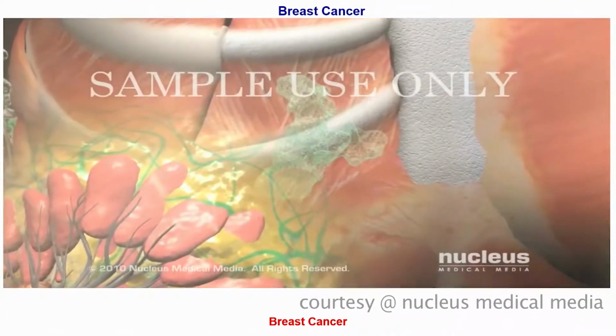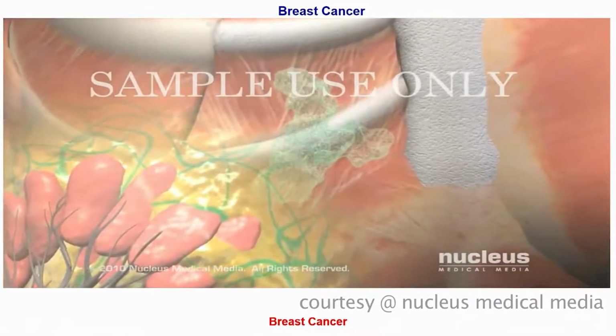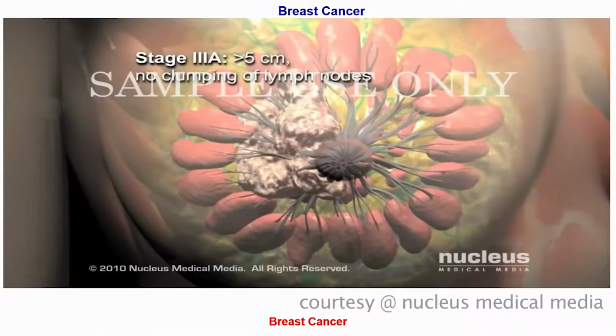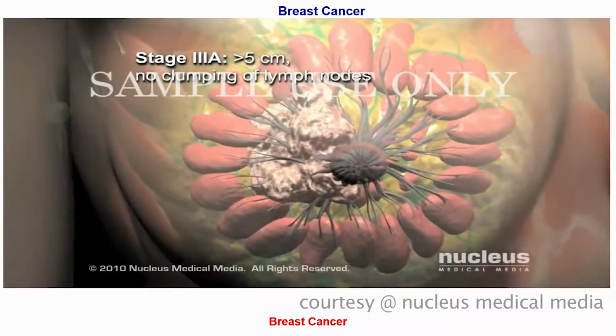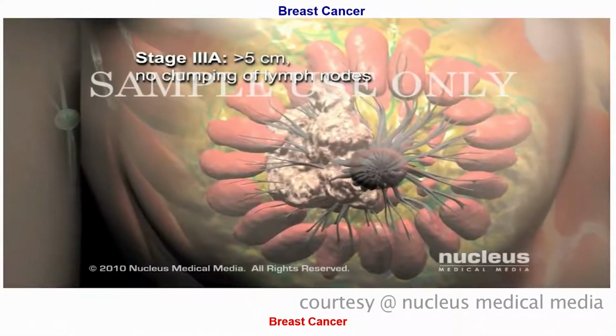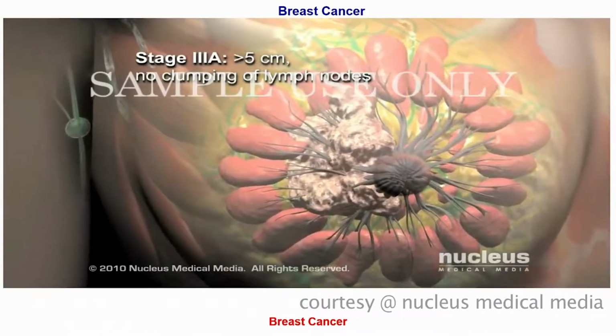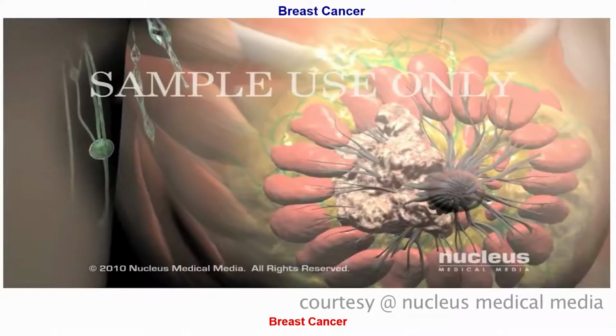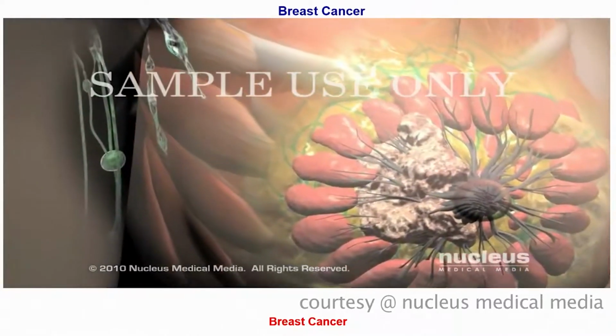The cancer may also have spread to the lymph nodes near the breastbone. The second scenario for stage 3A is very similar, with the exception that the tumor is larger than 5 centimeters in diameter and that the underarm lymph nodes are not adhered to one another or other tissues.